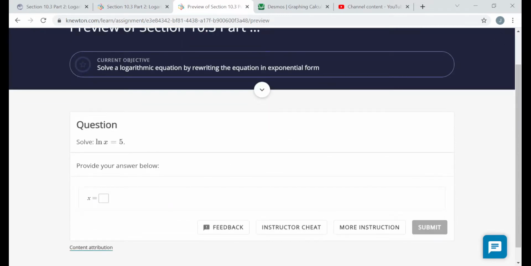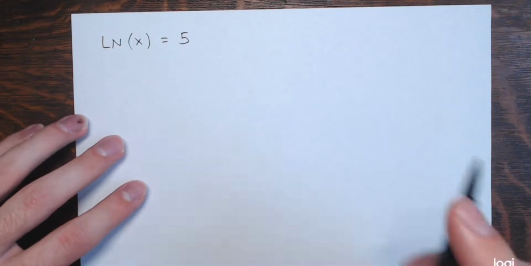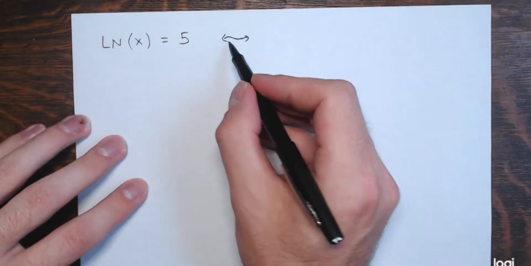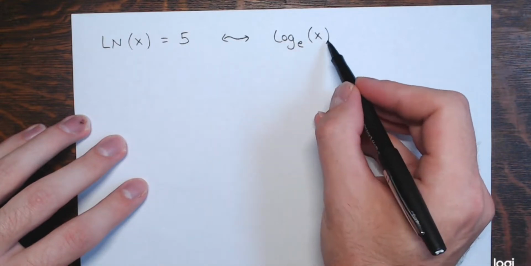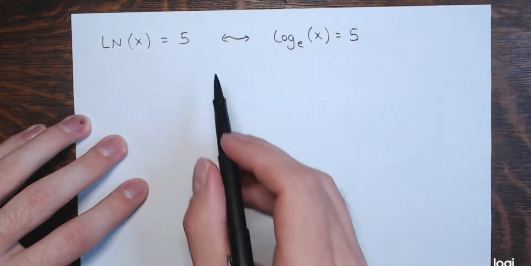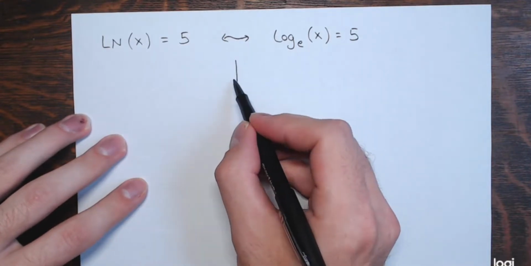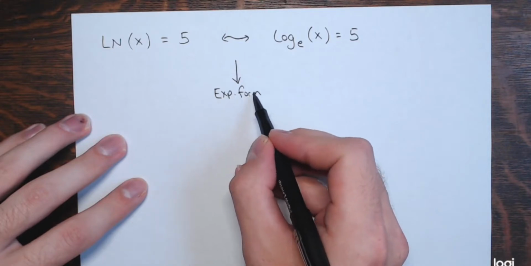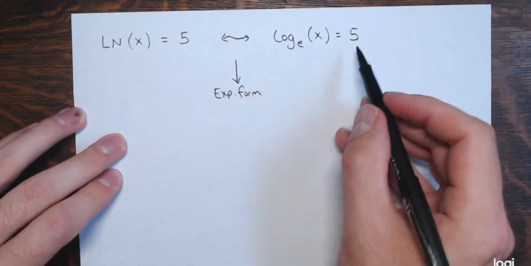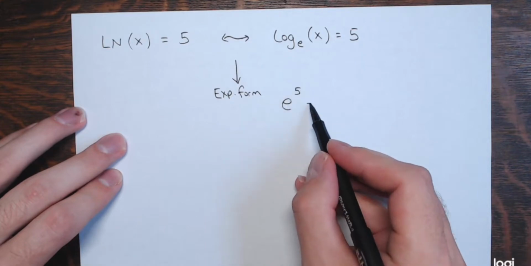So here we're given this equation. Now remember I said ln. That's log base e. This is the same as the log base e of x equals 5. These mean the same thing. Now if we change this to exponential form, that would be e to the 5th power equals x.